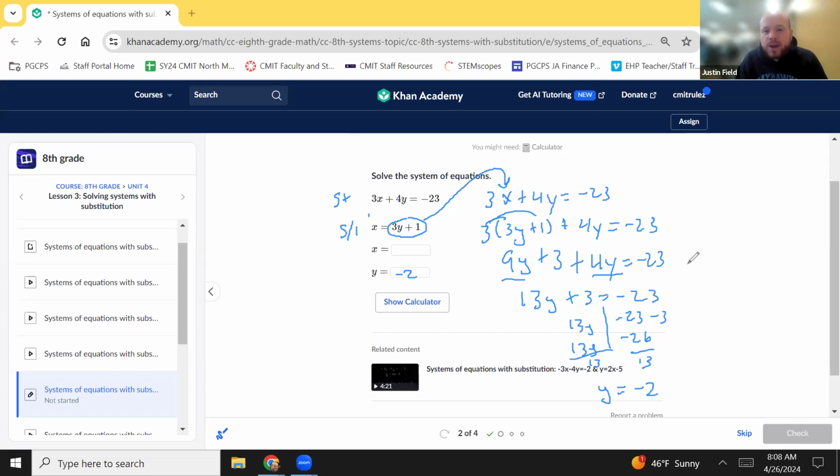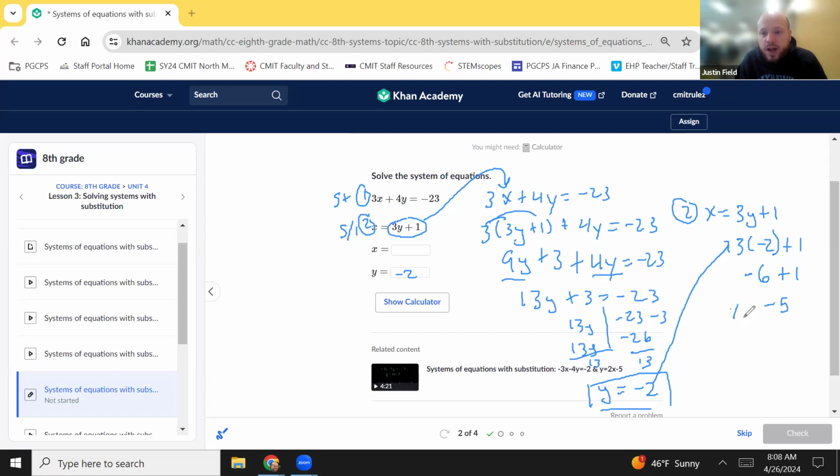Oh, I didn't label my equations 1 and 2. So I did all that work with equation 1. Now I'm going to rewrite equation 2, x equals 3y plus 1, but put in negative 2. So 3 times negative 2 plus 1, because I know y equals negative 2. And 3 times negative 2 is negative 6, plus 1 would be negative 5, which is our x.